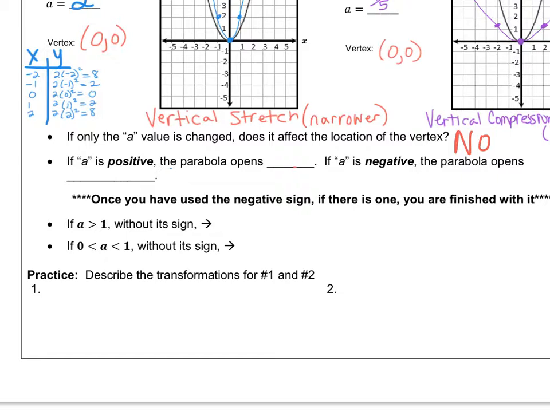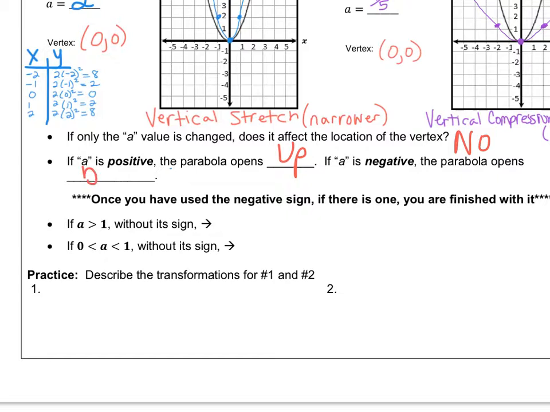Now, we did not do an experiment with what happens with a negative a, because in both of the examples that we used, our a values were positive. One was greater than 1 and one was smaller than 1. If you know that a positive number had the parabola open up, what do you think would happen if our a was a negative number?